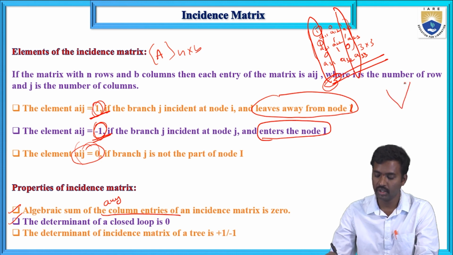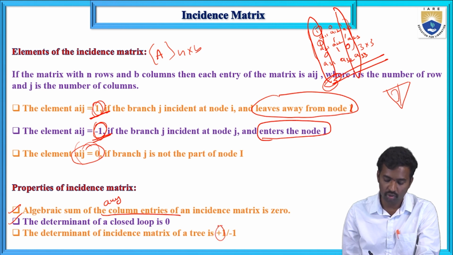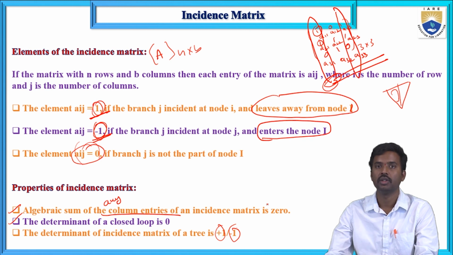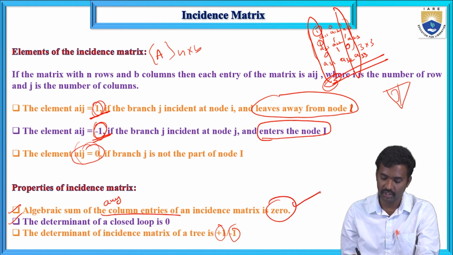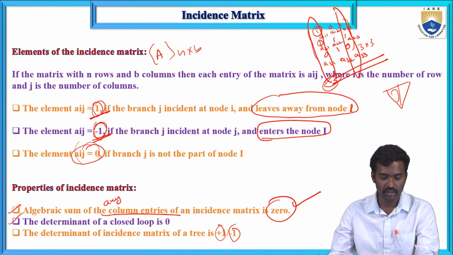Third, the determinant of the incident matrix of a tree is plus 1 or minus 1. So these are the three properties. The most important is that the algebraic sum of any column in the incident matrix must be 0. This point is most important.